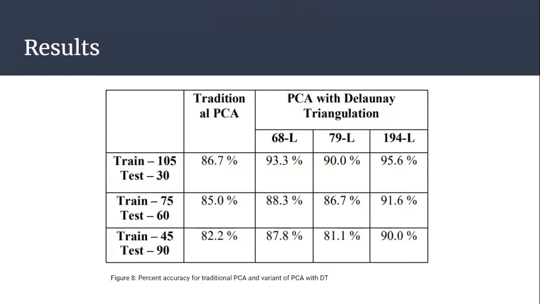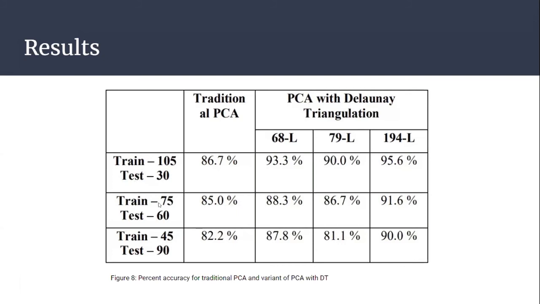As you could see, PCA with the Delaunay triangulation with any landmark points is significantly better than using traditional PCA. And most notably, PCA with Delaunay triangulation using 194 landmarks yields better accuracy results than any other landmark points used in this experiment.